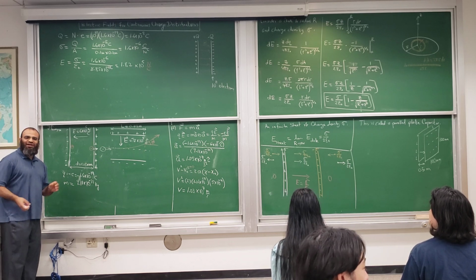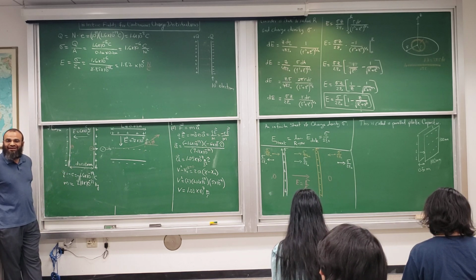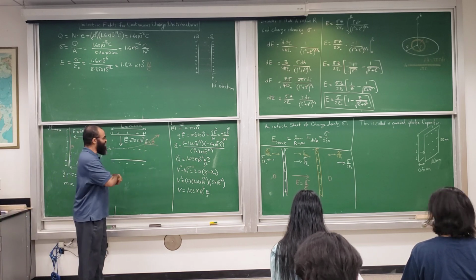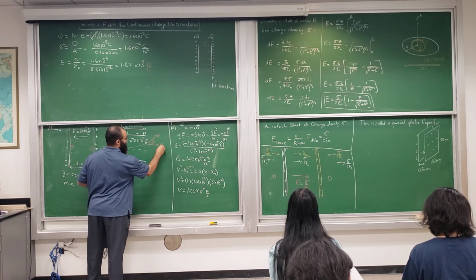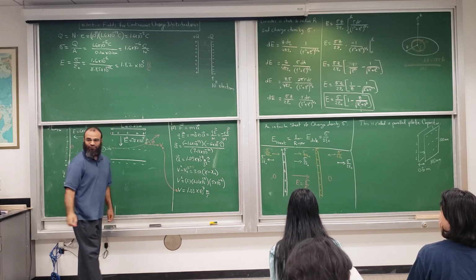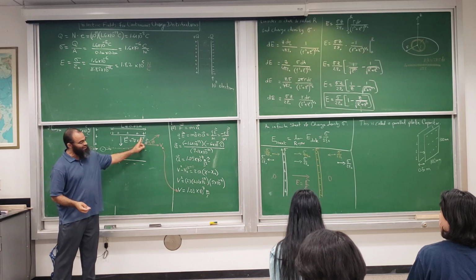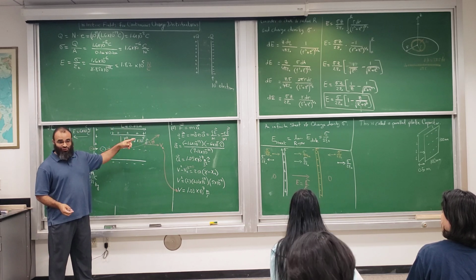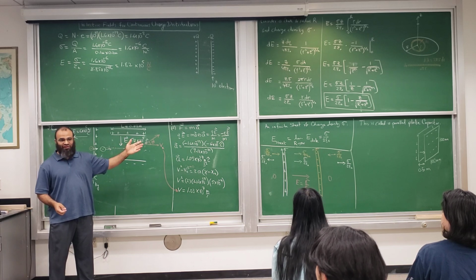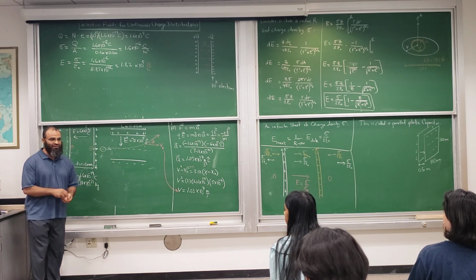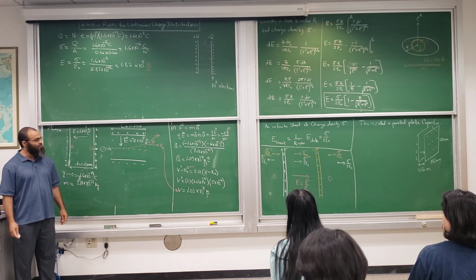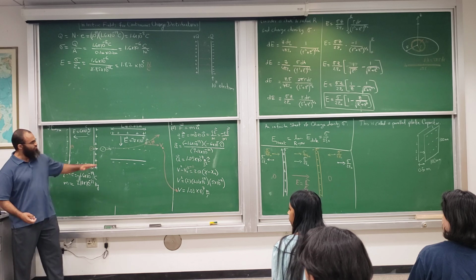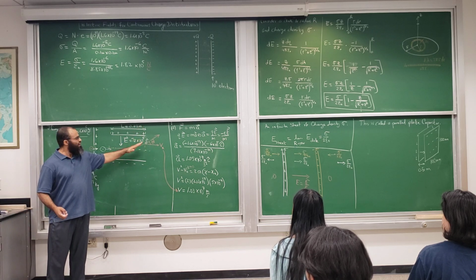To calculate the angle theta, who has an idea what we should do? Evaluate the velocity components separately. What's the x component of velocity here? Vx is still going to be the same. The only thing we add is the y component, because there is an acceleration upward. Then the angle is the tangent inverse of y over x.